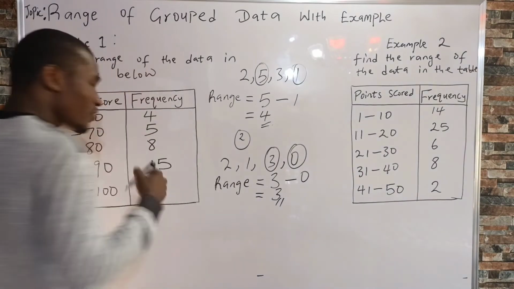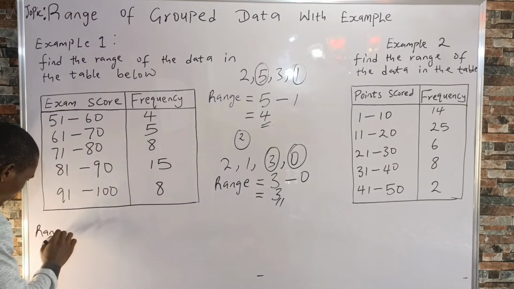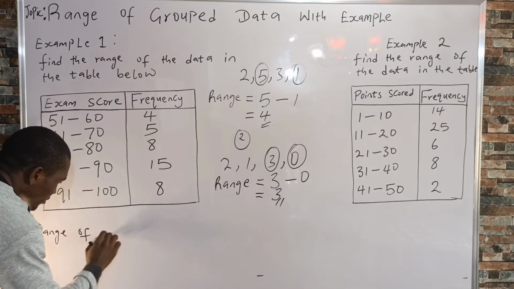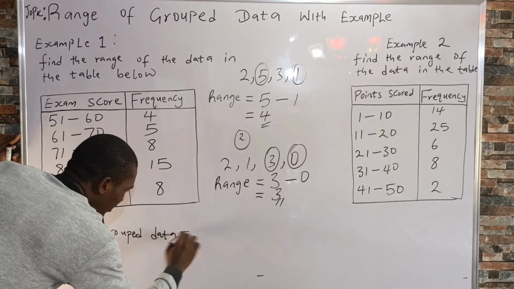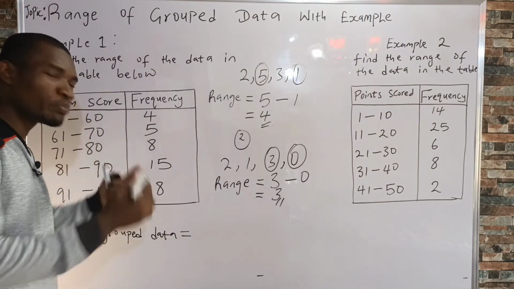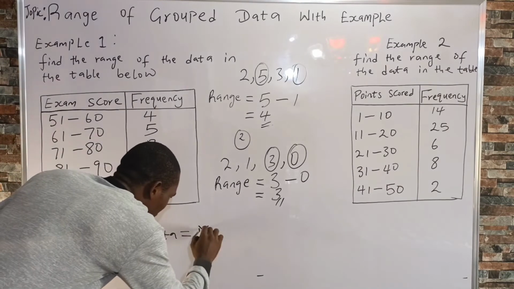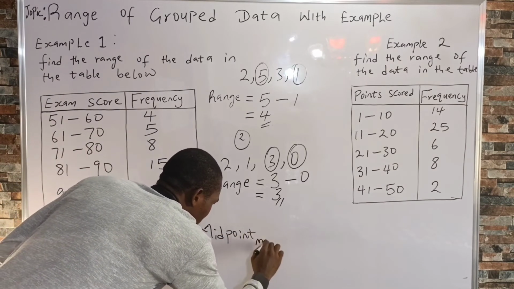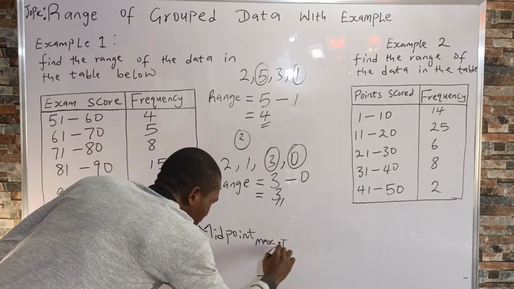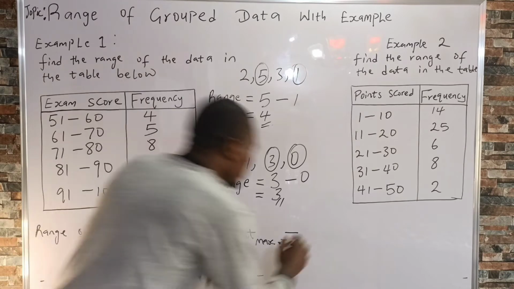The formula giving us the range of grouped data is equal to the midpoint of the maximum interval minus the midpoint of the minimum interval.